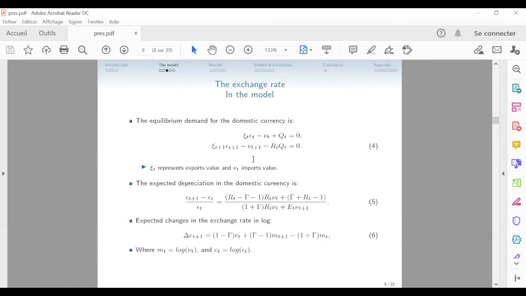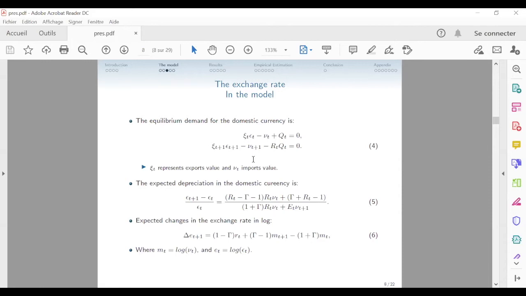The other effect, related to gamma, is due to the fact that when the interest rate increases, the incentive of the country to borrow from abroad increases as well. So the financier is going to be long in the domestic currency, and the domestic currency is going to depreciate today to appreciate further in order to remunerate the financier.